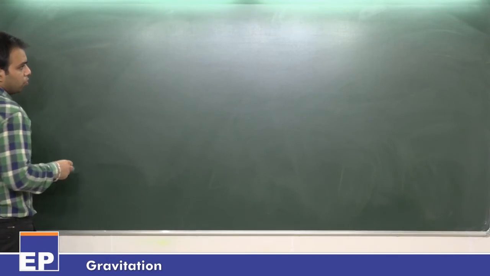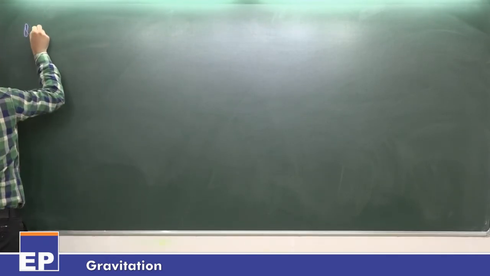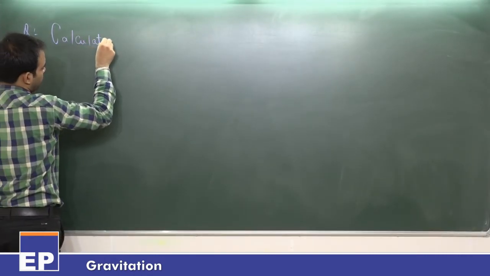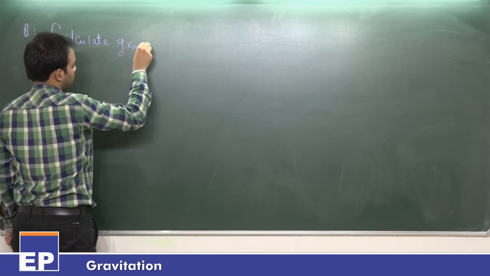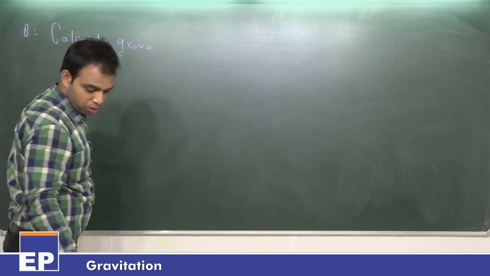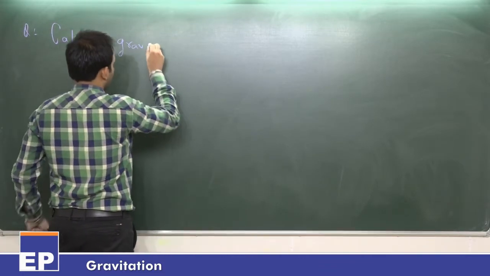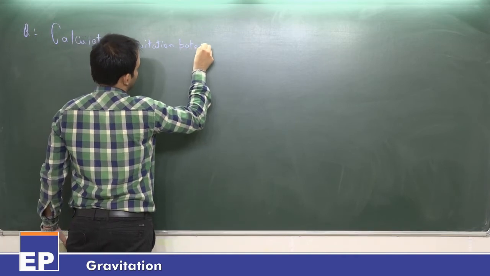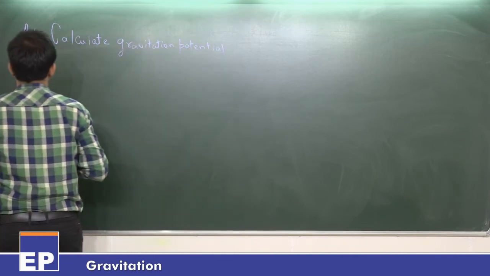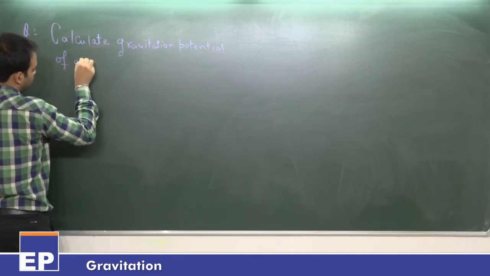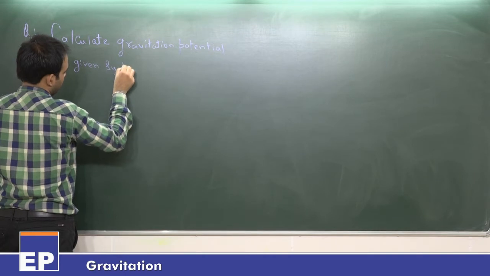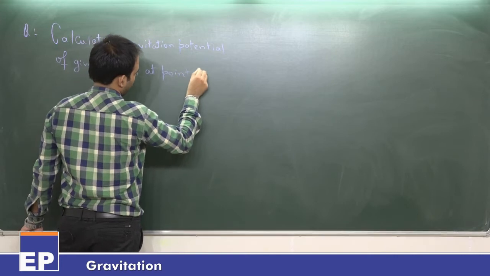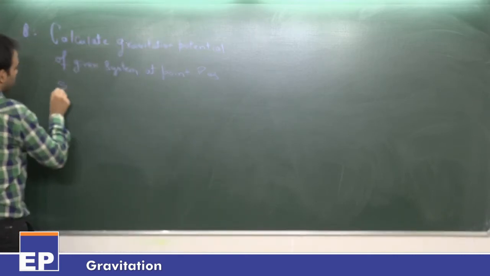Next, calculate gravitational potential of given system at point P as shown in figure.